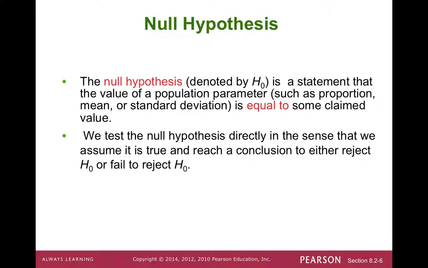So the null will always be equal to something. And we're going to test the null hypothesis directly in the sense that we're going to assume that it's true. Once we actually do our test, we will reach the conclusion that we either need to reject the null, meaning that the null is not true, or we're going to fail to reject the null, which means that it could be true.